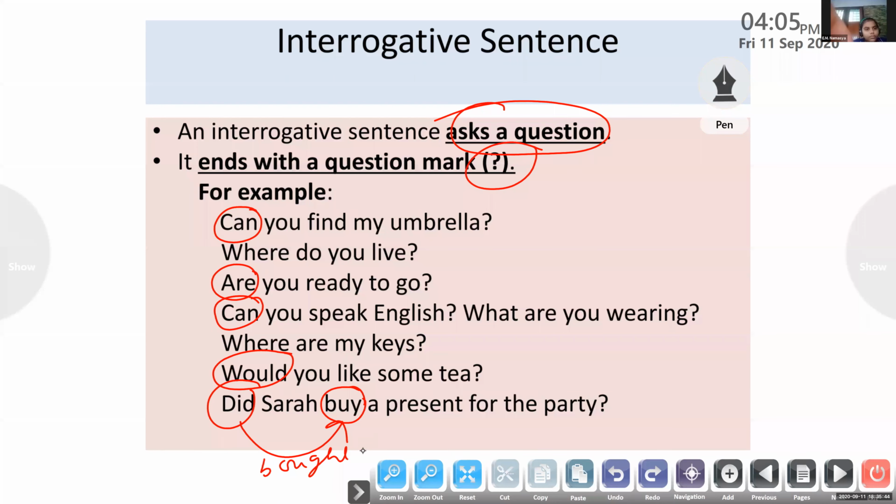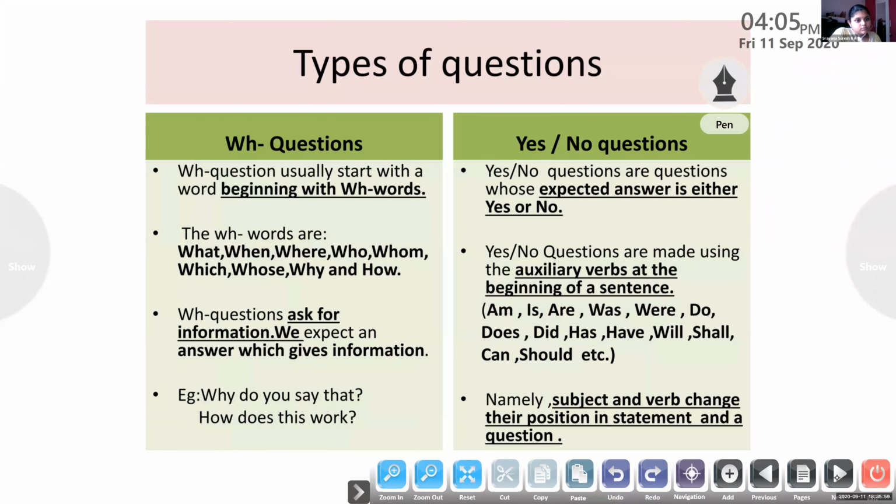And in some questions I am using WH words like where, what, how, would. I'll show you another example. We have two types. WH questions begin with WH words. What are the WH words in English grammar?